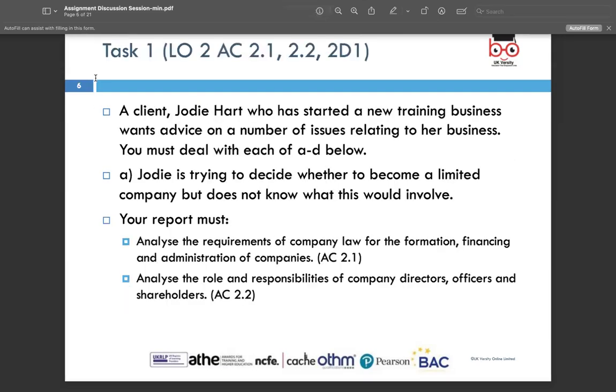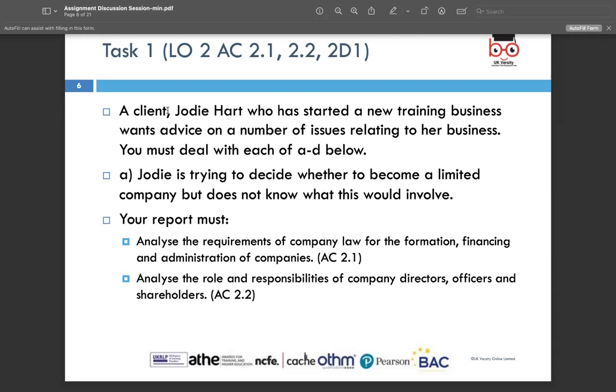So for task one, you can look at learning outcome two. Okay. The client, Jody Hart, who has started a new training business, wants advice on a number of issues relating to her business.